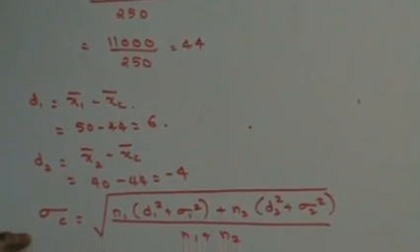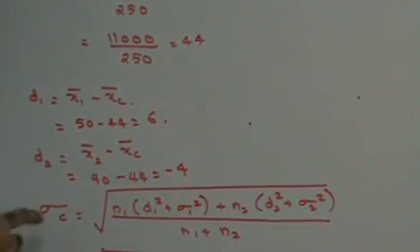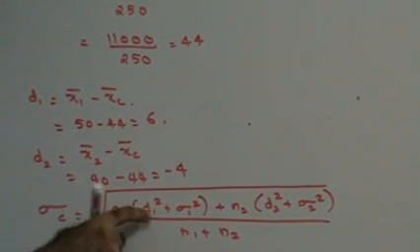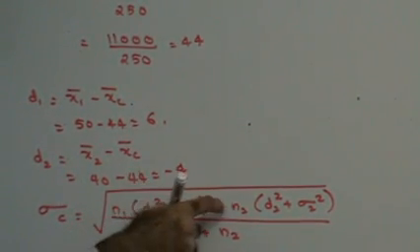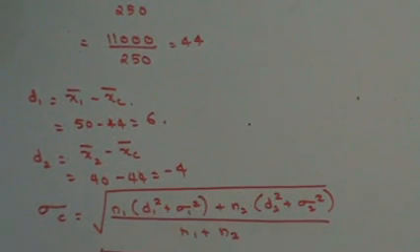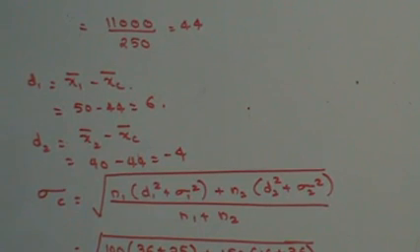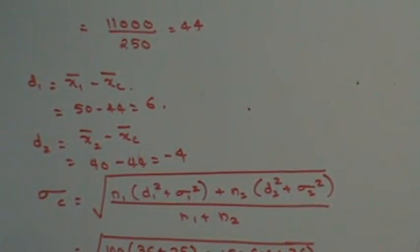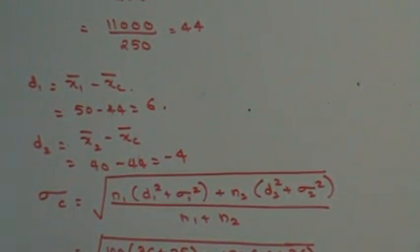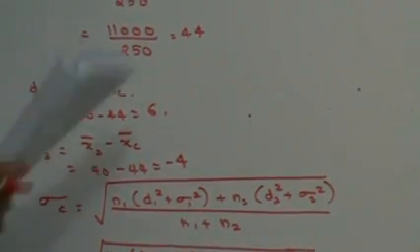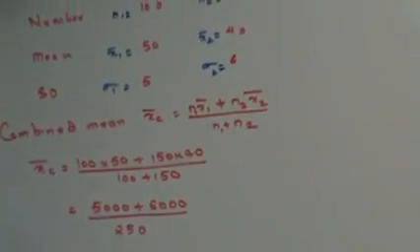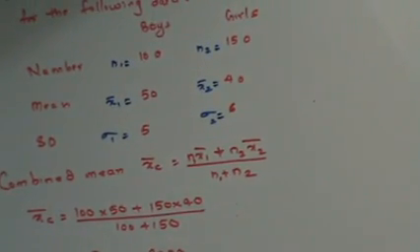Then you find out the combined standard deviation by using the formula square root of n1 d1 square plus sigma 1 square plus n2 d2 square plus sigma 2 square upon n1 plus n2. 3 simple straightforward steps. I'm going to put up some sums which I want you to solve on your own, right? Let's see a couple of sums.